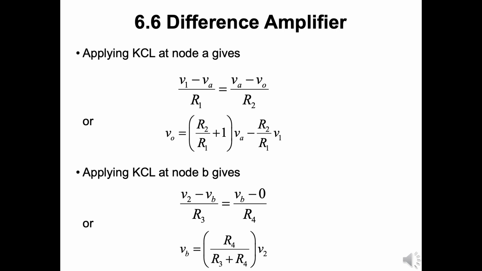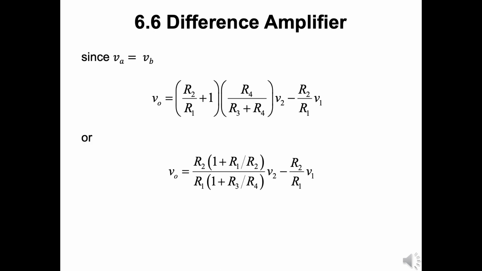Later, by applying KCL at node B, we will have the function of VB using V2. As discussed last week, the relation VA is equal to VB. Then, we will have VO as the top equation. After we extend it, we will get the bottom equation.